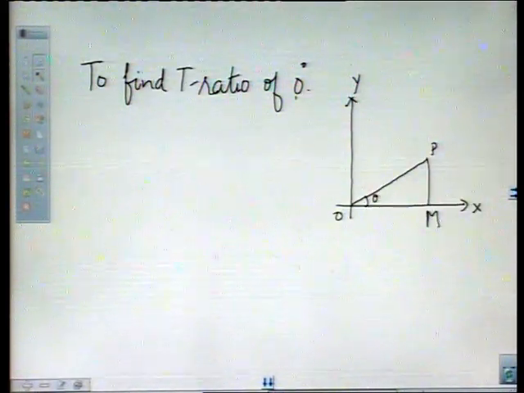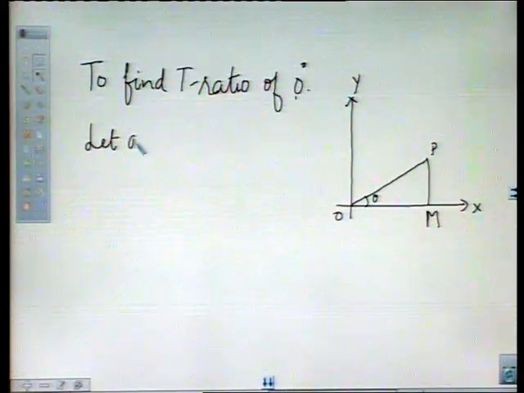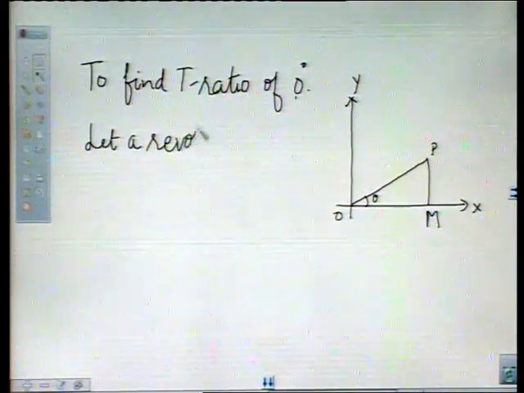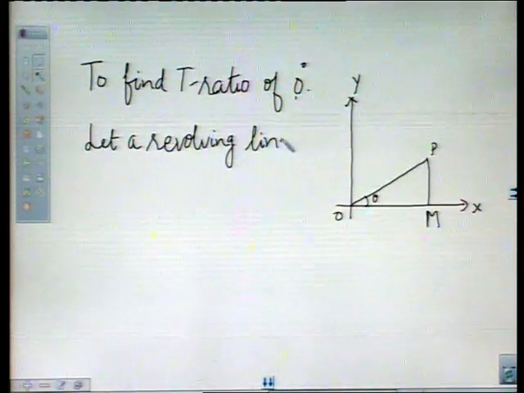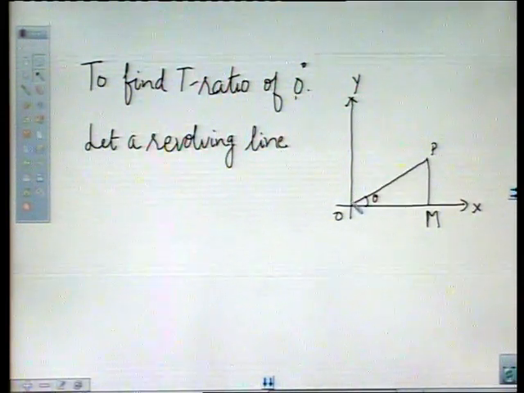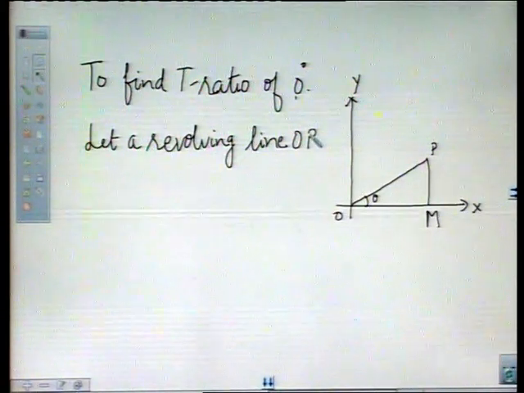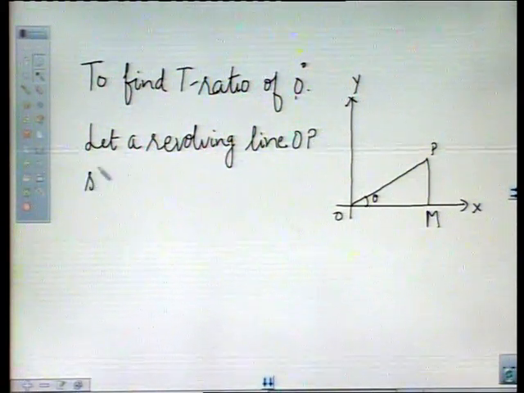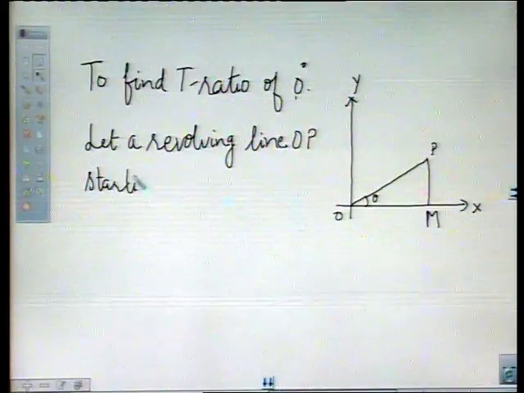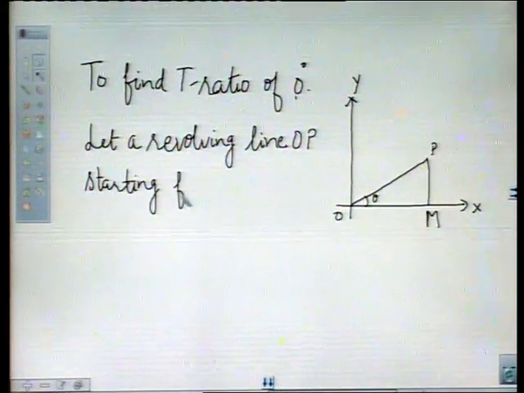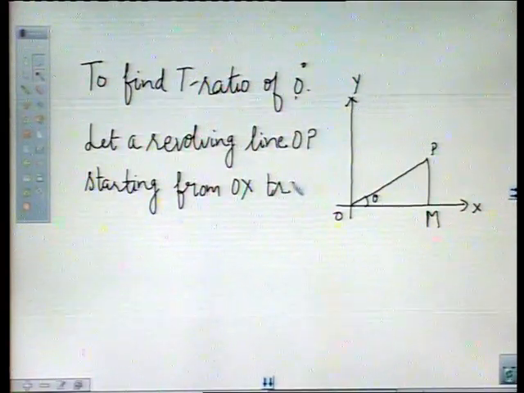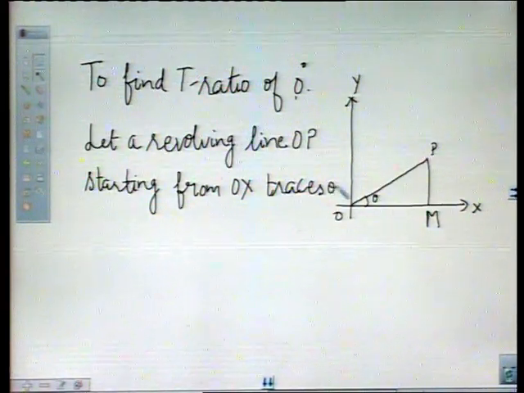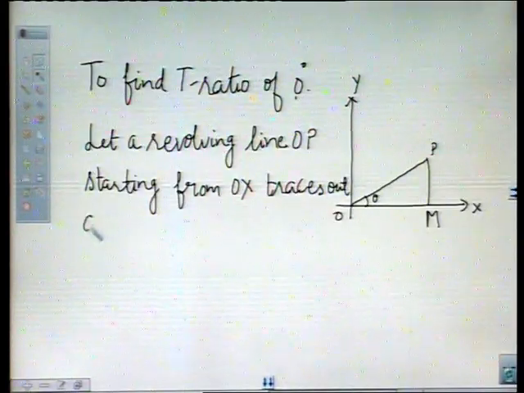Let the revolving line OP, starting from OX, trace out an angle.